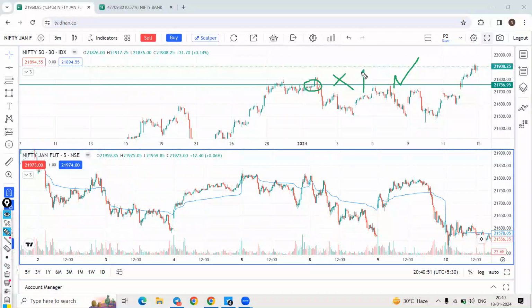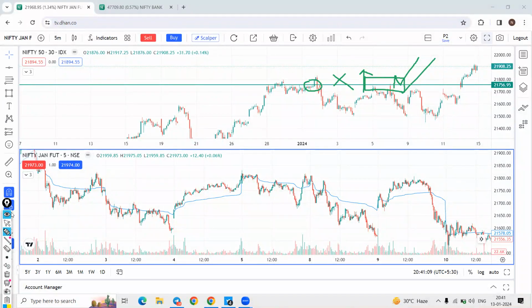So rather than over-predicting that it will make an upside breakout, I will not waste time like normal traders waste time predicting. I want to see the price action around the reference level and react accordingly. What is happening? Price tries to move up, not able to sustain, again reversing back down.